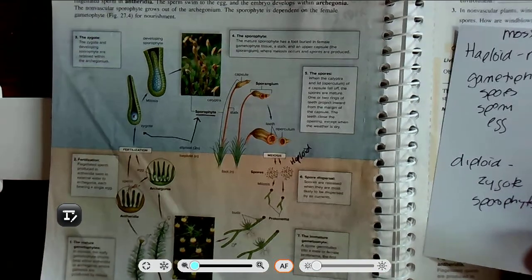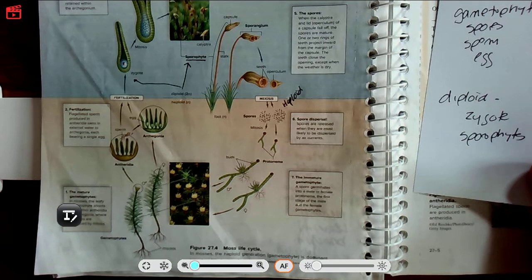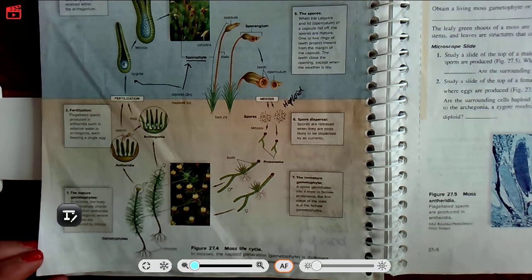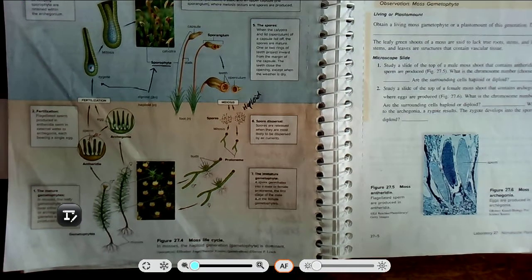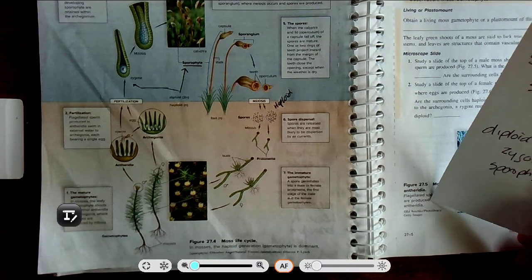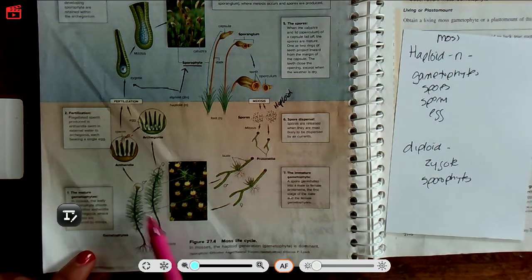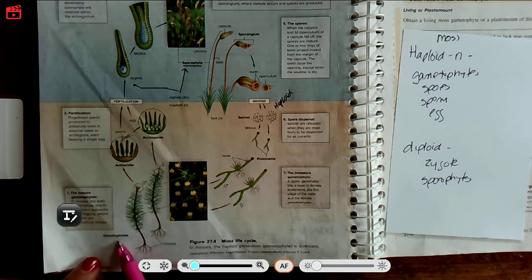So let's explore the life cycle of the moss right here. This picture can be found in your lab manual on page 360. With moss, we're going to start right down here with the structure of moss that we can see, the gametophyte generation.